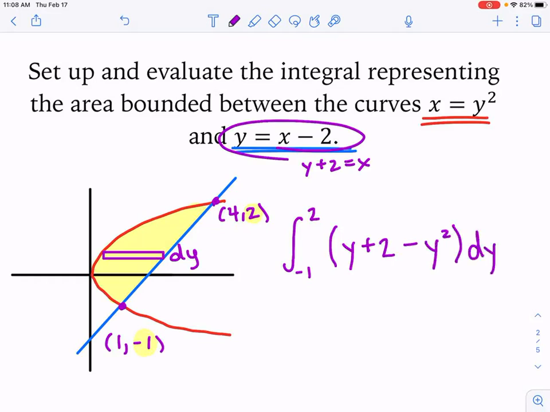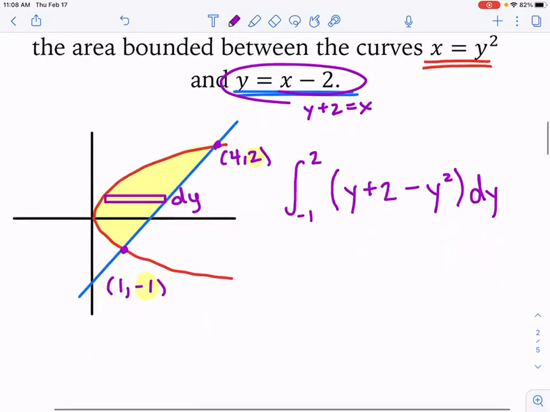So we have y plus 2 as our right function, minus our left function, y squared. So when we're doing the integration with respect to y, we need to solve our equations for x so that our equations all have y's in them. Does that make sense? Nathan, did I answer a question that you had? I thought you like, no. Then never mind. Misinterpretation there.